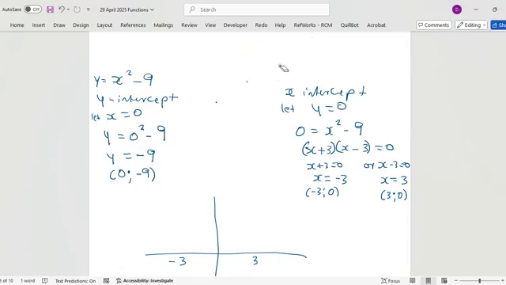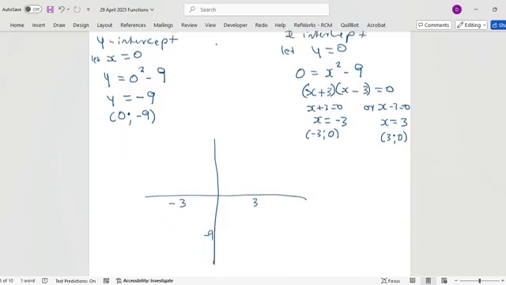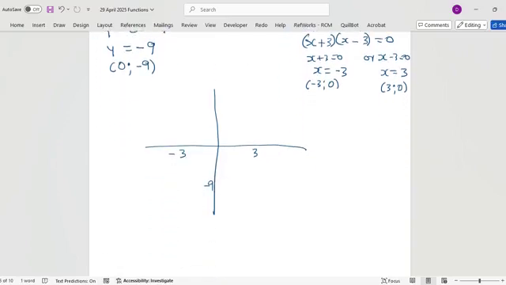I said go and use a table to check if you can get the same drawing. So because the coefficient is positive, we are going to have something like that. The graph will face up. There is our graph there.